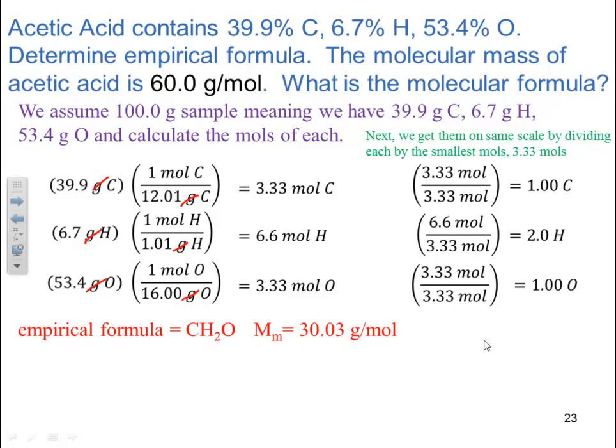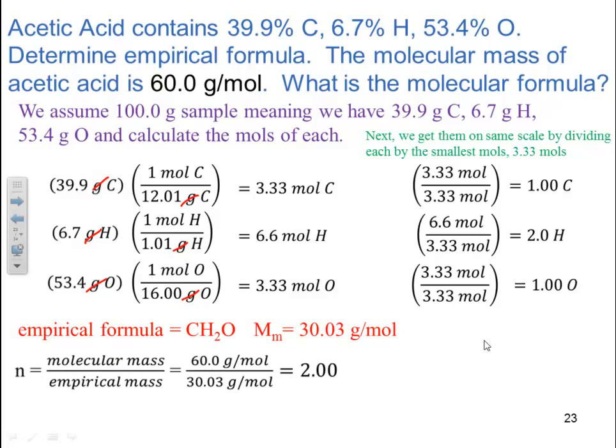Well, that goes back to our equation: N is equal to your molar mass divided by your empirical mass. We were given that 60 grams per mole is the molecular mass of our acetic acid, and the empirical mass we calculated was 30.03. If I divide that, I find out how many multiples it is of that empirical formula to get to my molecular formula, which is, in this case, 2.